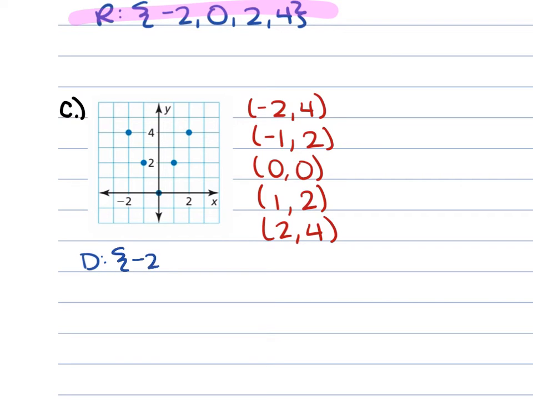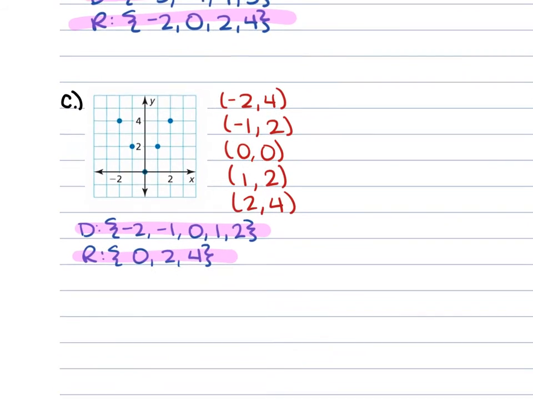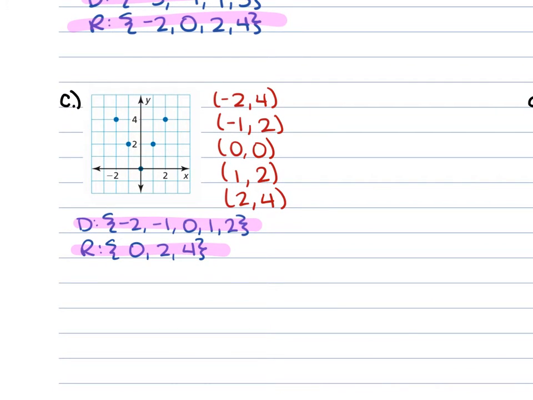So that's going to be -2, -1, 0, 1, and 2. And our range are the y values. So that's just 0, 2, and 4. And you realize when I drew these domain and range values like this, I have my numbers in order from least to greatest within those brackets.